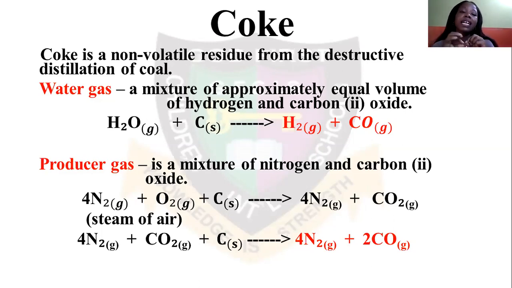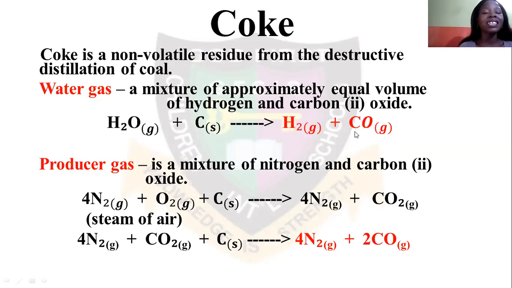Water gas is approximately equal volumes of hydrogen and carbon 2 oxide. These two gases mixed together are known as water gas, and they are majorly used as fuel. It can also be used to produce hydrogen in the industry.